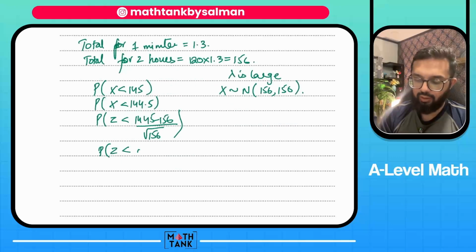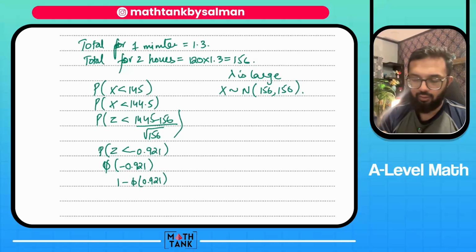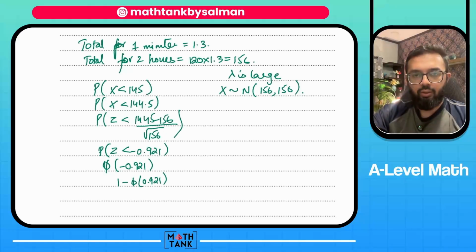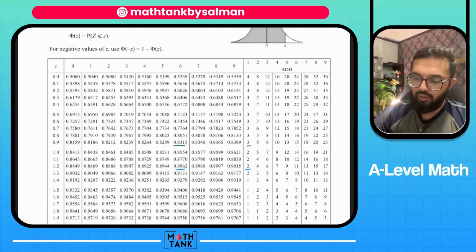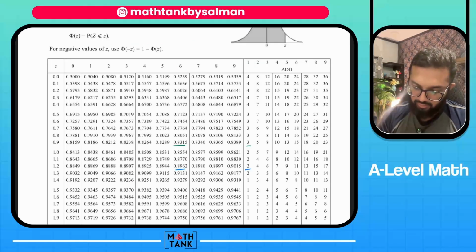Probability of z less than minus 0.921. So phi of minus 0.921, 1 minus phi of 0.921 from table, 0.1785.